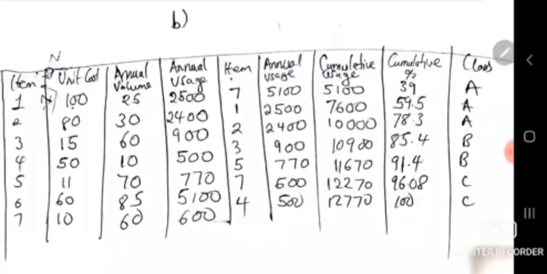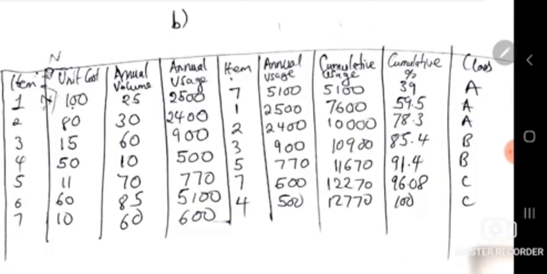Now this is the table I was talking about in the previous few minutes of the video. Remember how the first table ended? It ended on annual volume. So now these are the extensions that we are talking about. I'll be explaining them one by one and how you get them. The fourth column, which is annual usage, as I was explaining, is a multiplication of unit cost and annual volume.